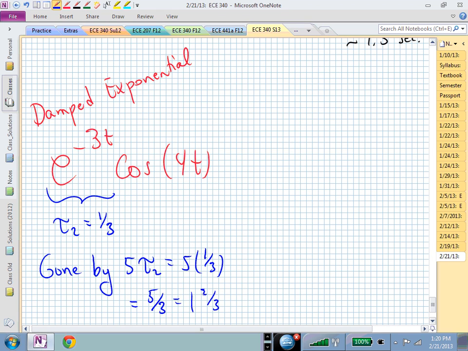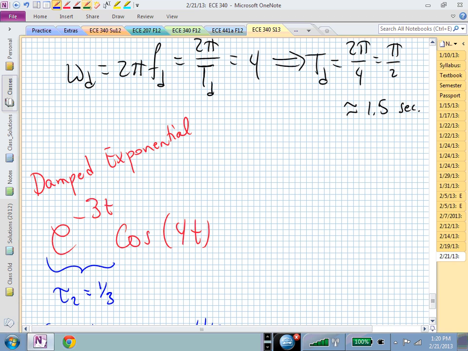Or that's going to be gone after 1 2/3 seconds. And that's about the same time as my cycle of one oscillation being 1.5. If I sketch this, and again, you'll need to bear with me, but let's say there's 1/3, 2/3, 3/3, 4/3, 5/3.